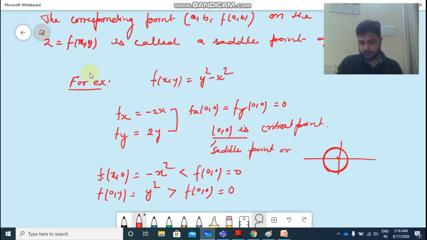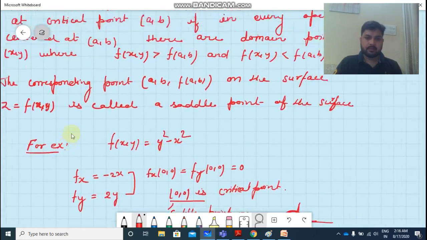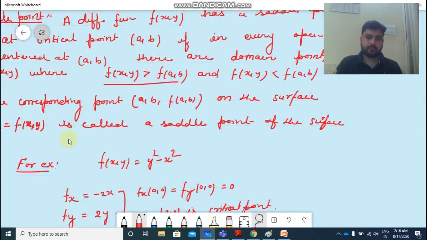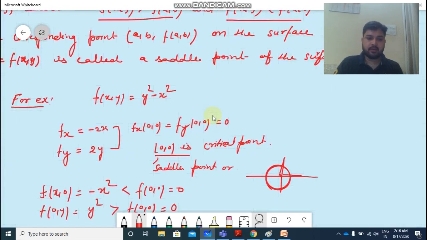So there are points in which the function is positive and points in which it is negative, so it satisfies the property. So the point (0,0) is also a saddle point. In this way we can find the critical and saddle points of a function of two variables.